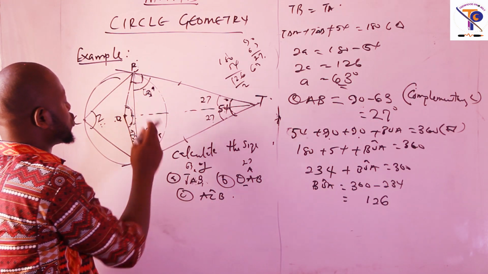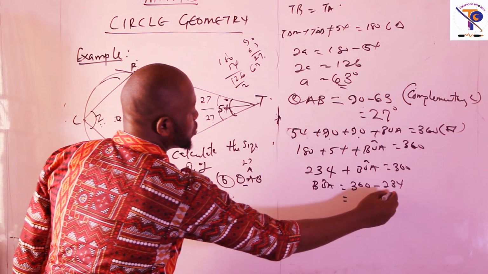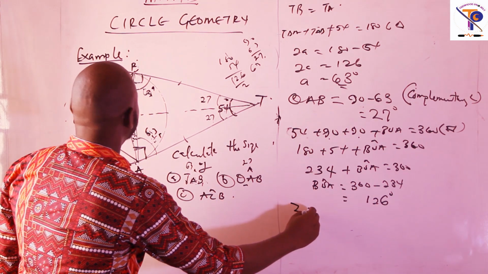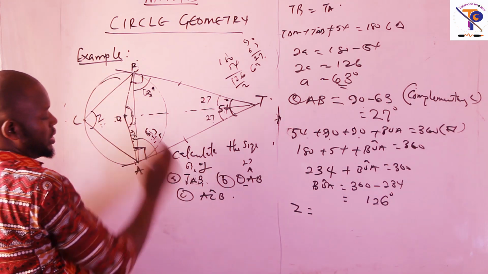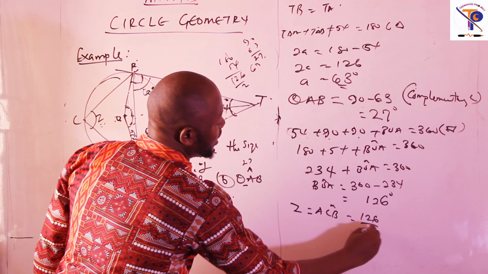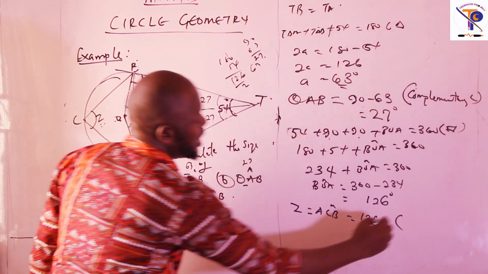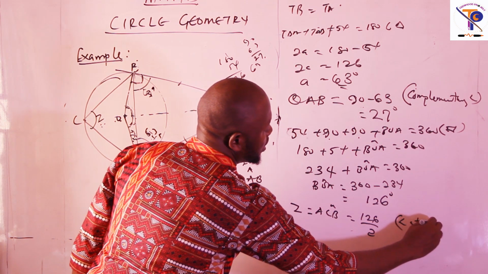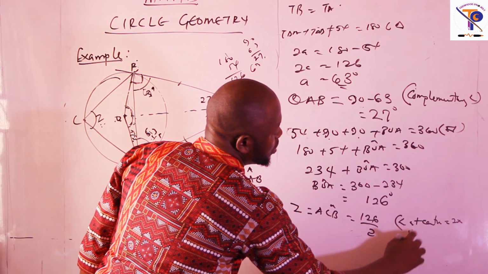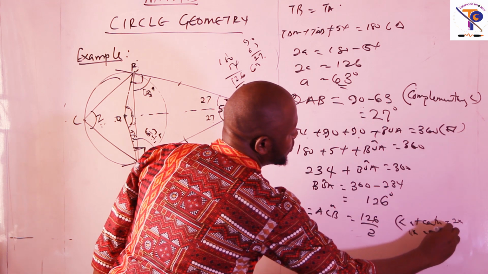So if this one is 126 degrees, then our Z, that means ACB, will be equal to 126 divided by 2. That is, the angle at the center is equal to twice the angle at the circumference.